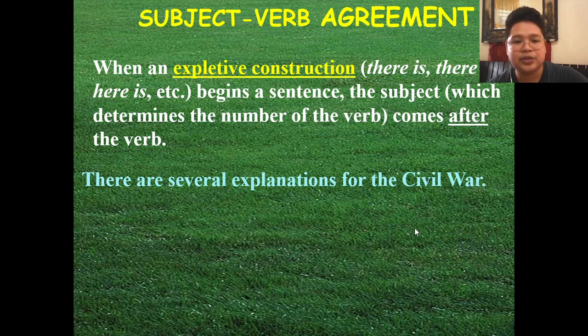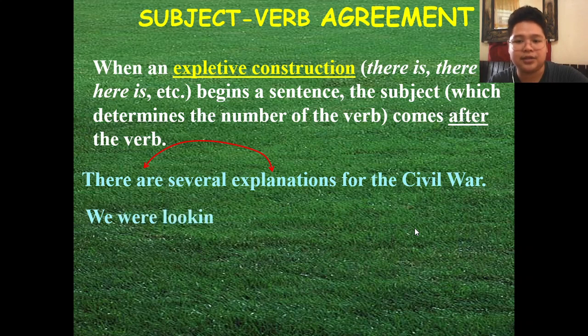Okay, so the subject here is the explanations. Explanations here is a plural noun, so we use are after the word there. So there are several explanations for the Civil War.